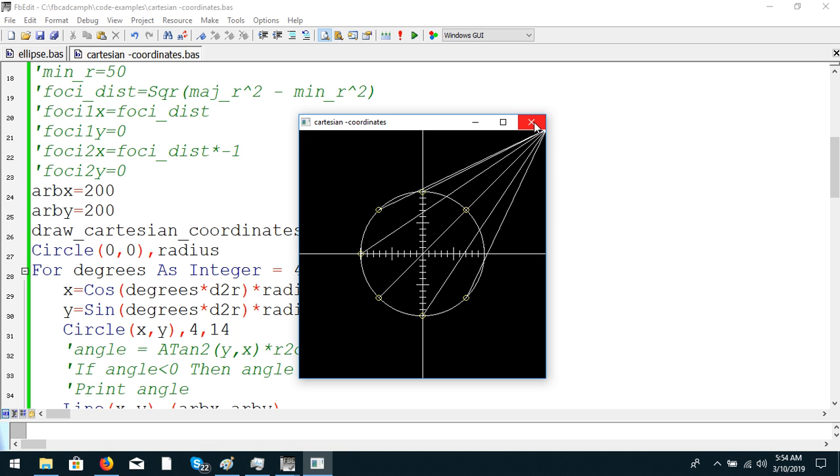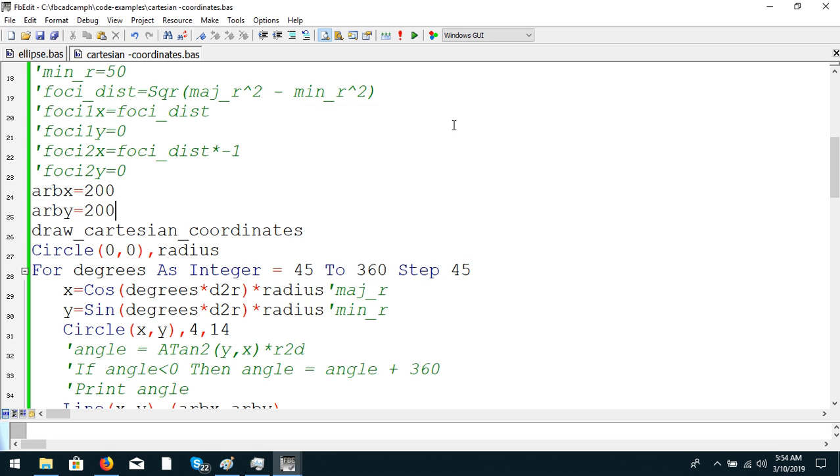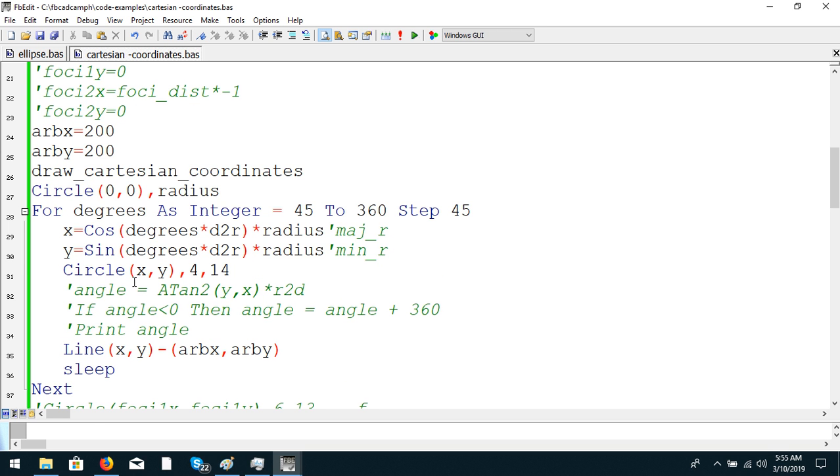Okay, so, and then one more time. Okay, so that's my goal, is to know what the angle of each one of those lines is.